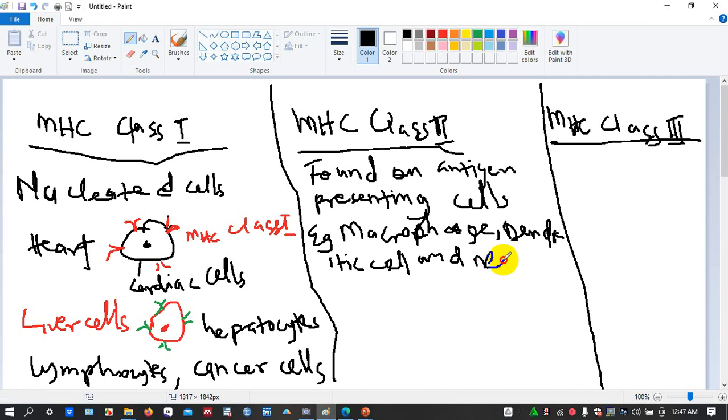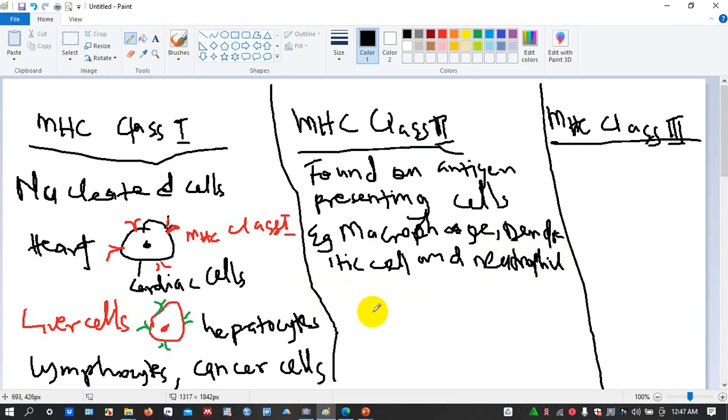We also have the neutrophil. So these are antigen presenting cells.